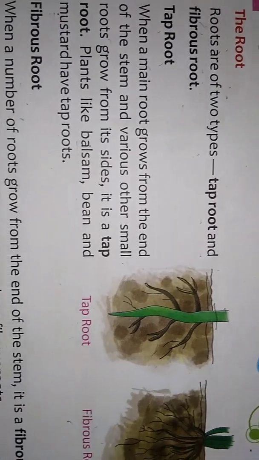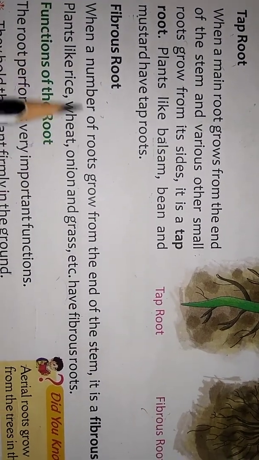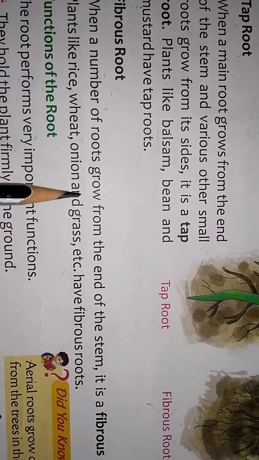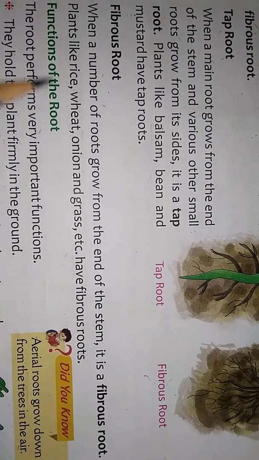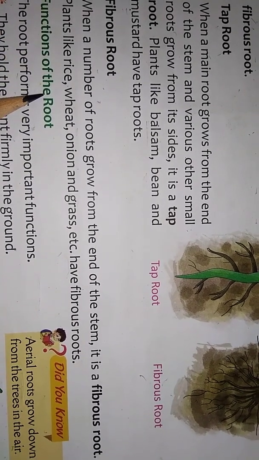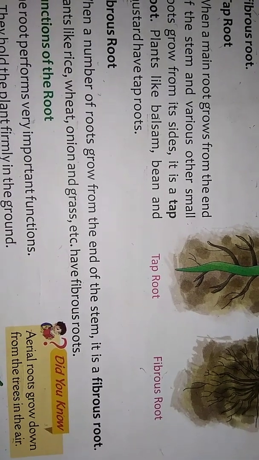Okay, now we will move on to the fibrous root. When a number of roots grow from the end of the stem, it is a fibrous root. Plants like rice, wheat, onion and grass have fibrous roots.